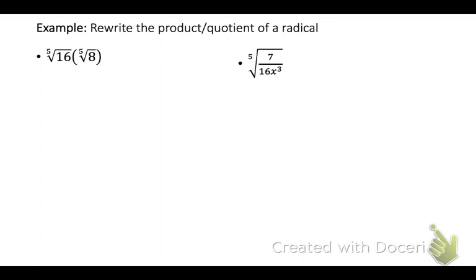Okay, so 16 is 2 to the 4th, and 8 is 2 to the 3rd. So do you want 2 to the 4th to the 1/5 times 2 to the 3rd to the 1/5? Yeah. Okay. So now what I would suggest, whether you write it out or not, this is how you need to think about it.